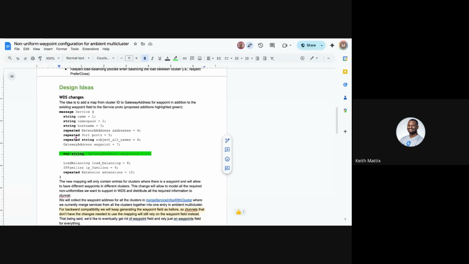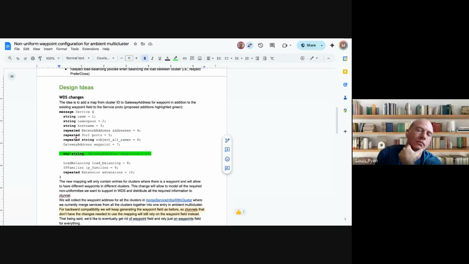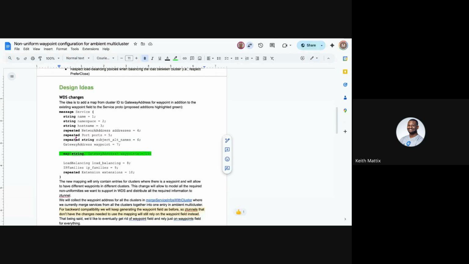What we want is the logical name of the east-west gateway. It's called gateway address, but it's the waypoint. Oh, yes, sorry, of the waypoint. Yeah, the logical name. Similar to how workloads have a service name, we would need to have sort of a waypoint name essentially.